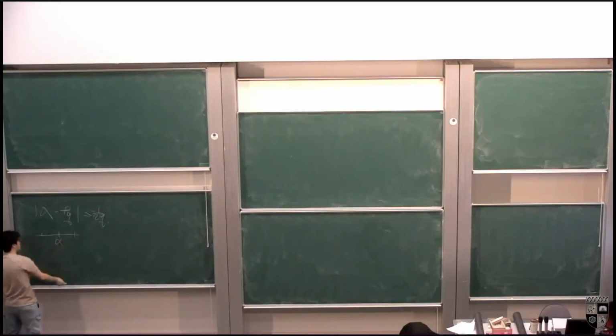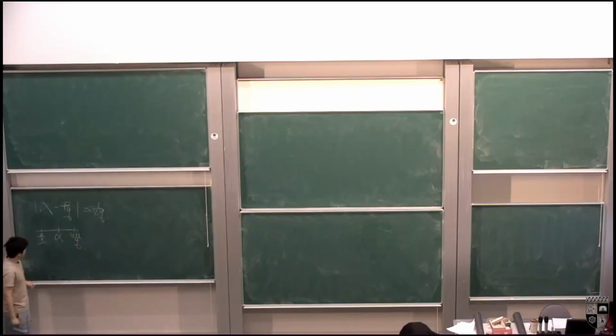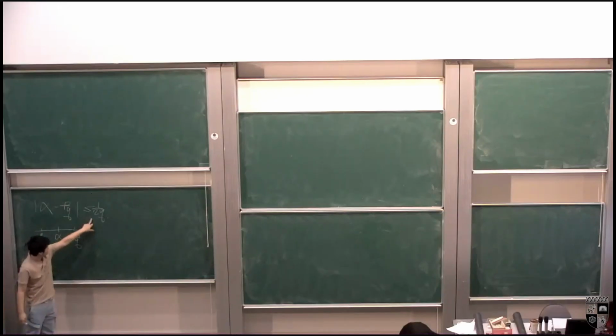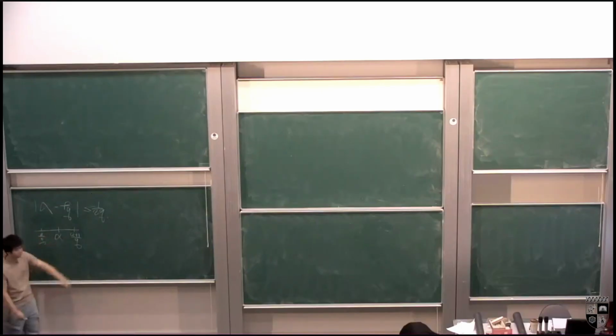Alpha has to be in between two of them, because of how the real numbers work. So the gap is less than 1 over q, and alpha has to be closer to one of the two, so within half of that gap. We did something, but this is a pretty trivial bound.